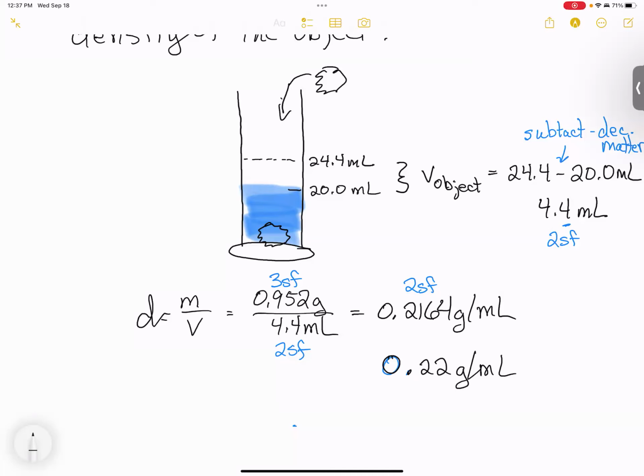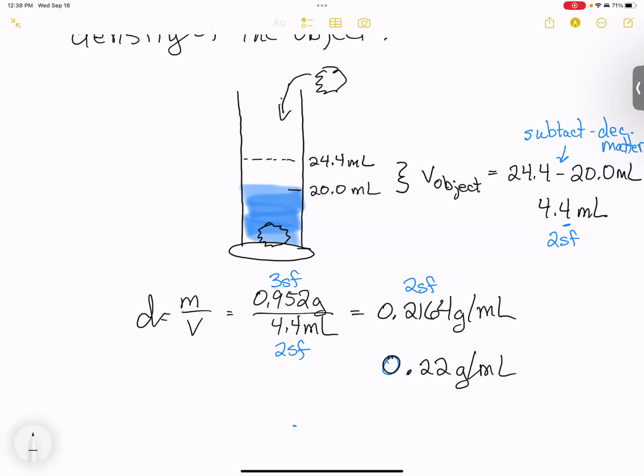Now, what can the density do for us? Well, if we have an unknown object, the density can help us determine what that object is. So we can go to a table that has a list of densities. And, oh, this one has a density of 19.5 grams per milliliter. Gold has a density of 19.5 grams per milliliter. I must have gold.